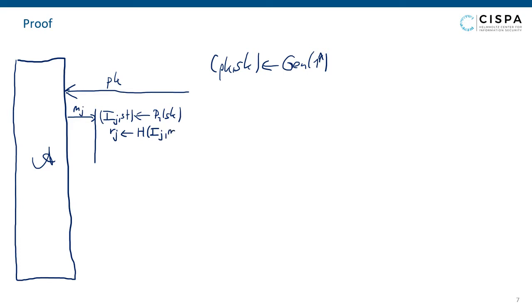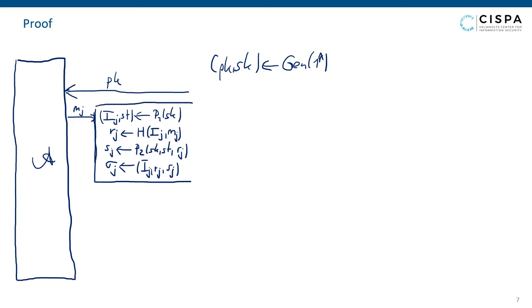It's H of I_j, M_j. S_j is computed as P2 of SK, ST, and R_j. And finally, the signature sigma_j just consists of I_j, R_j, and S_j. Okay, so this is our signing oracle for this scheme.